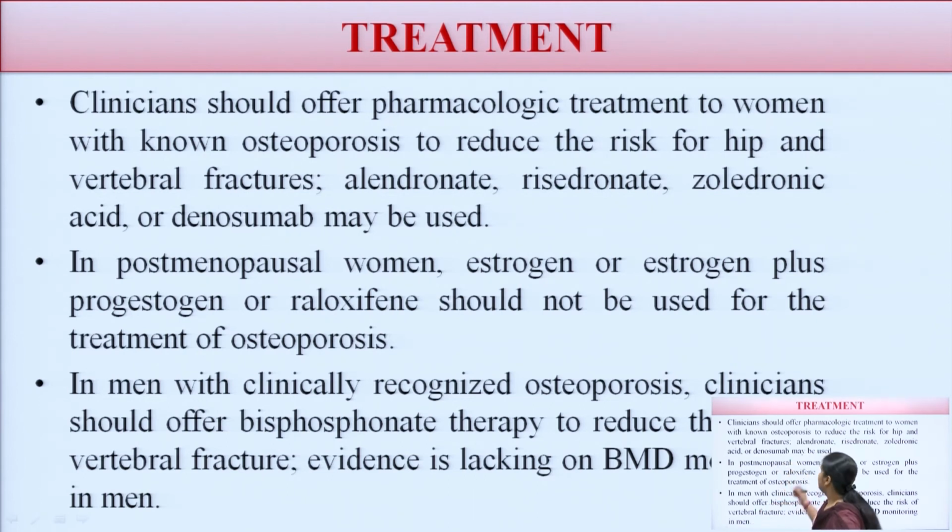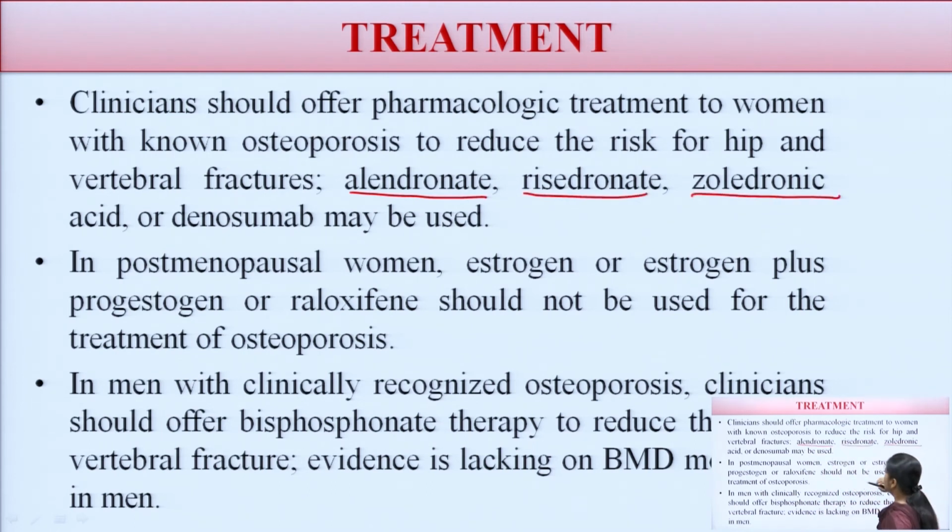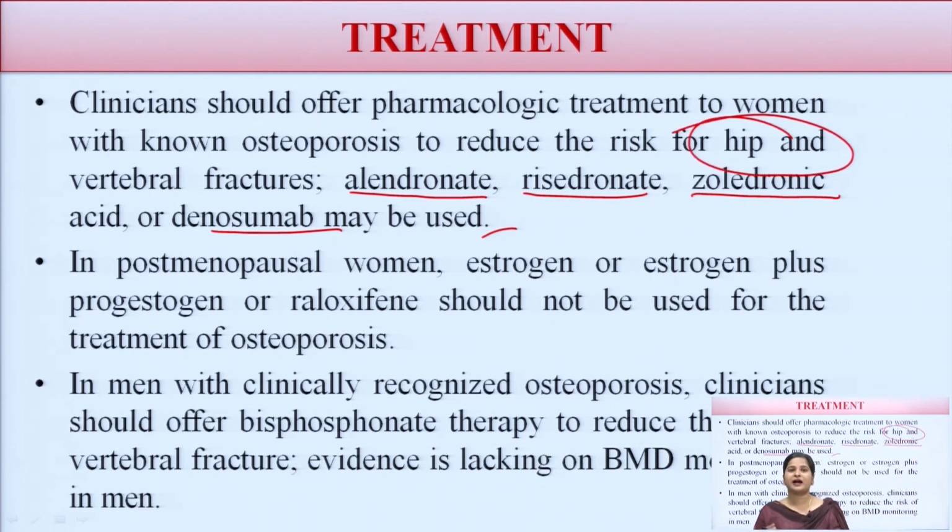That is alendronate, risedronate, zoledronic acid and denosumab, which may be used in females at risk of hip and vertebral fractures, because after menopause or during the pre-menopause condition, the person's body becomes weak because of many hormonal changes, right.